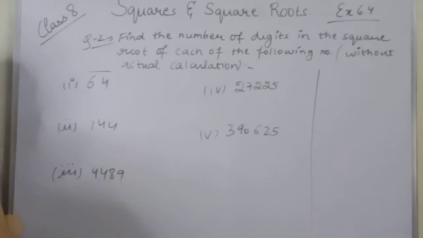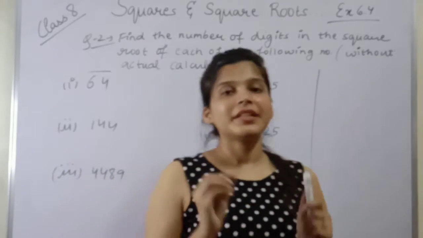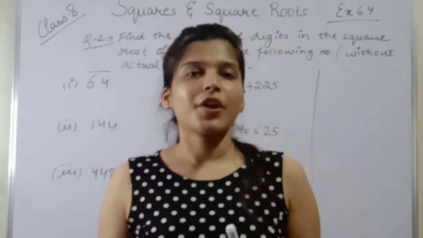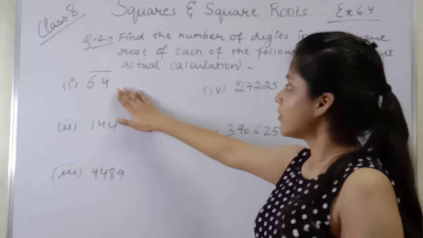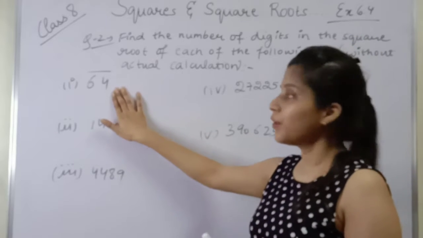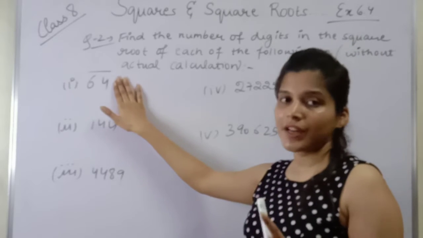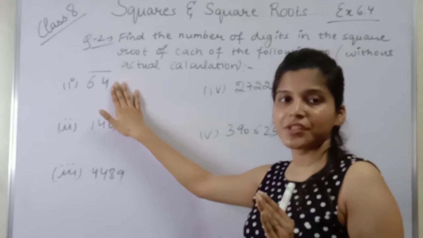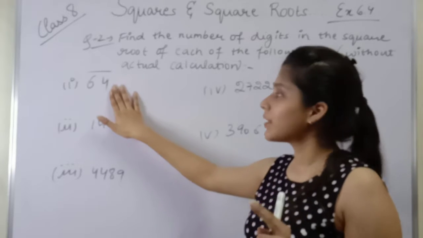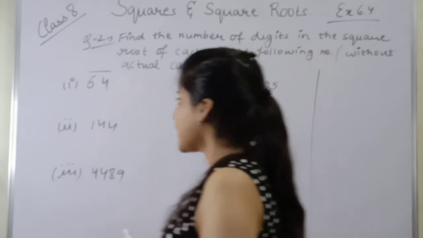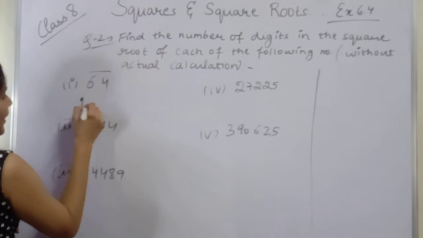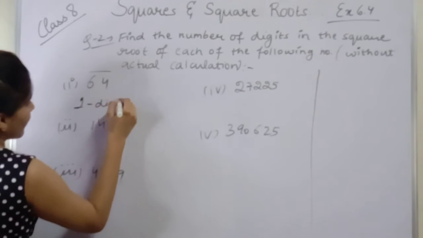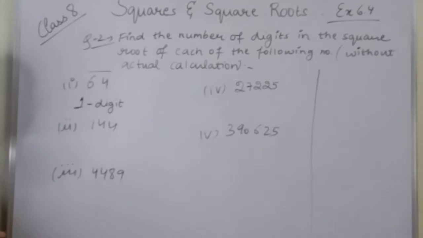Now the first method is that you have to put the bars, and you have to tell how many bars are there. The number of bars will be equal to the number of digits in the square root of that number. Suppose the first part is 64, and in 64 only one bar we can put because 64 has two digits and we have to make a pair. So it means that one digit will be there in the square root of this number.